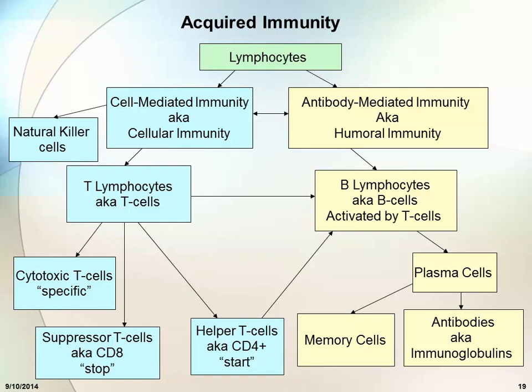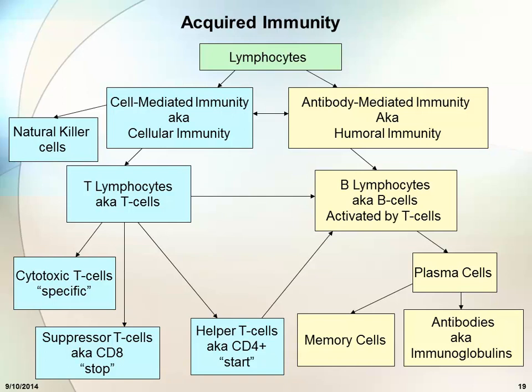So let's look at another one of my flow sheets to try and keep my brain straight. You can see what I did is I said, okay, here's the lymphocytes, and here are my two main prongs of that, my cell-mediated and my antibody-mediated. The natural killer cells are off here doing their own thing, but coming down from the cell-mediated, I have my T cells. They also produce my helper cells, my suppressor cells, and my cytotoxic cells.